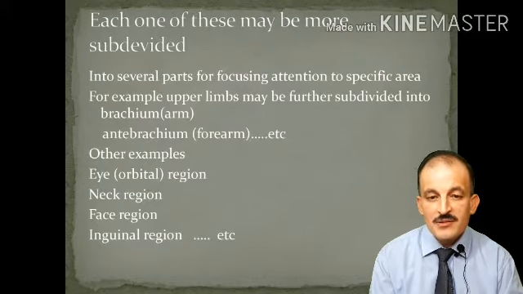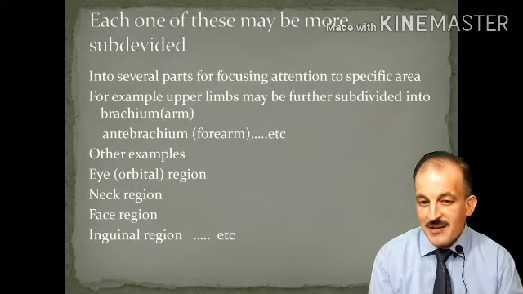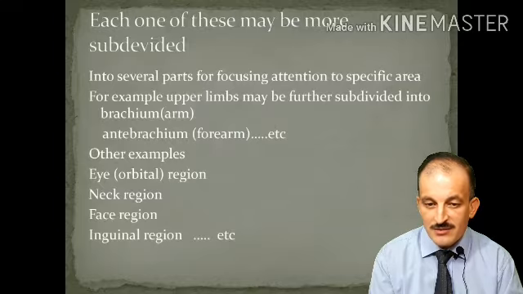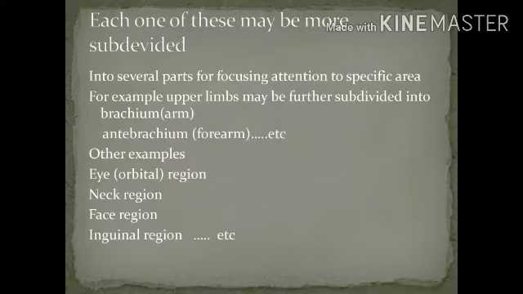For example, the upper limb could be subdivided into upper arm, which means brachium, and lower arm, which means antebrachium. Other examples are the eye region, which is called the orbital region, neck region, face region, inguinal region, etc.